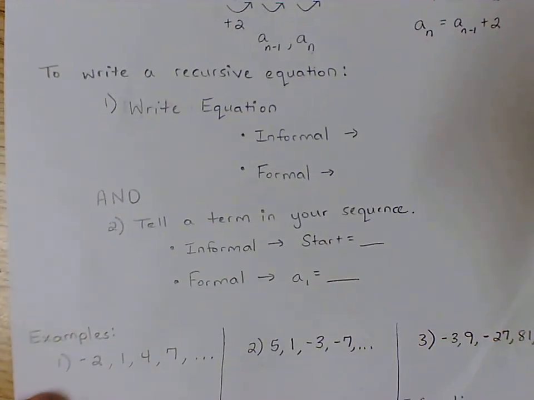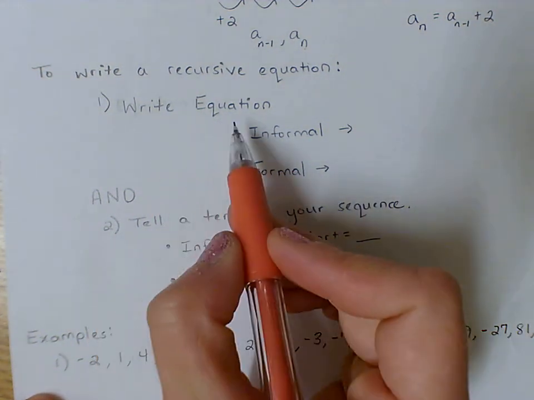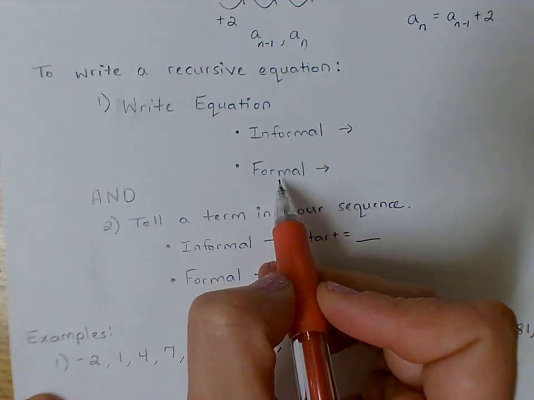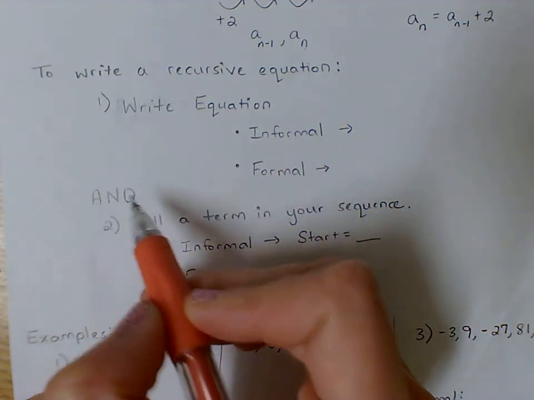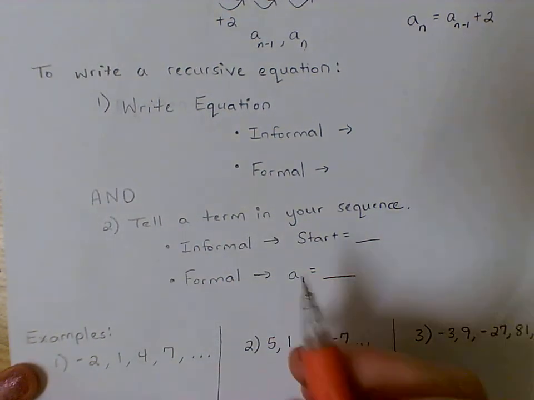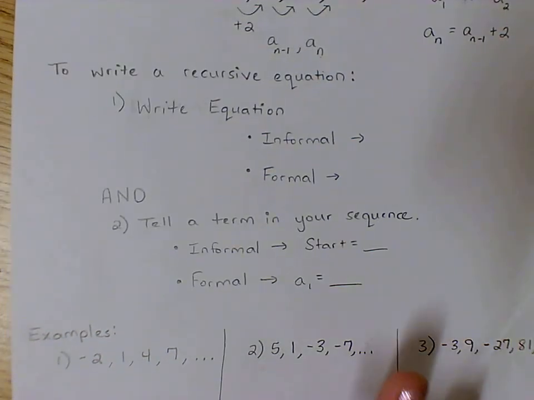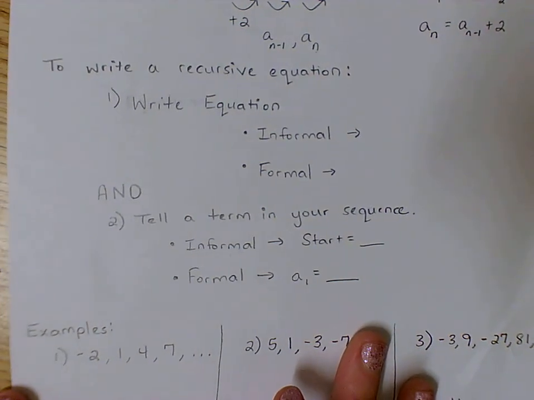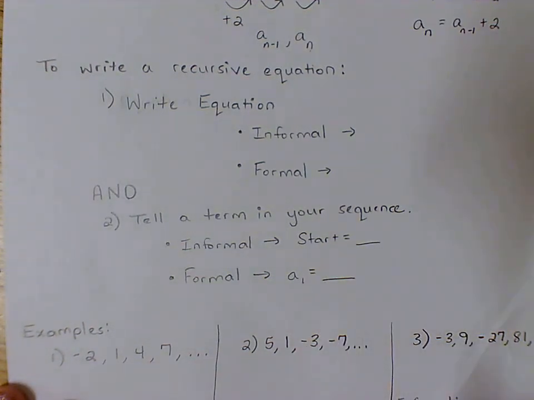To write a recursive equation, you have to do two things, okay? Number one, start by writing the equation, and there are two different ways that you can write it. At the same time, you also have to tell a term that's in your sequence. The reason is that you have to give one of the numbers in your sequence, or it may not work.